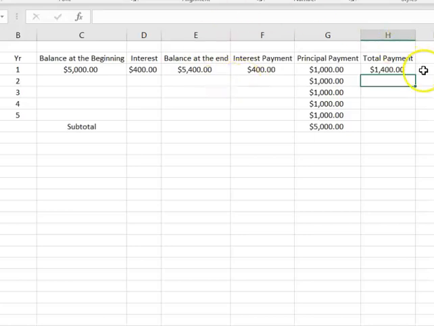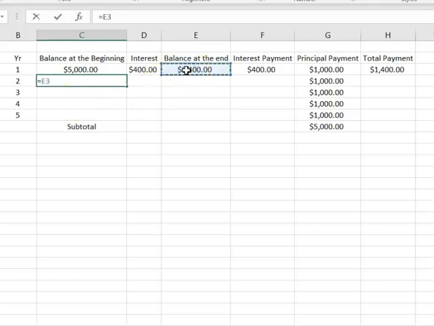Okay, so the total payment was this, and the balance at the end of year one. So what is the balance at the beginning of year two? It is balance at the end of year one minus the amount you pay.